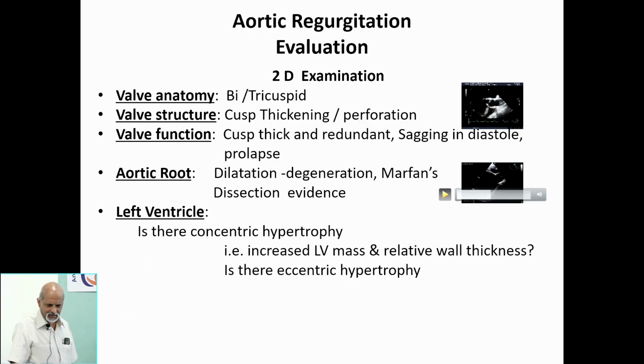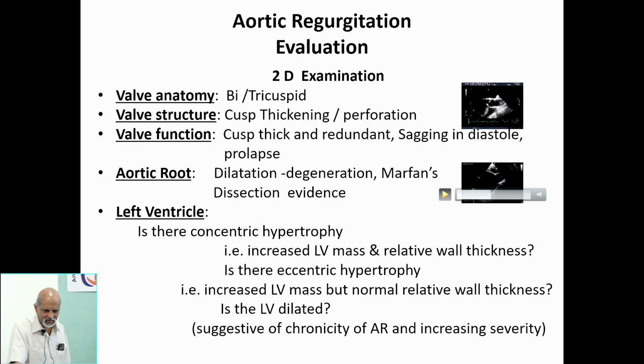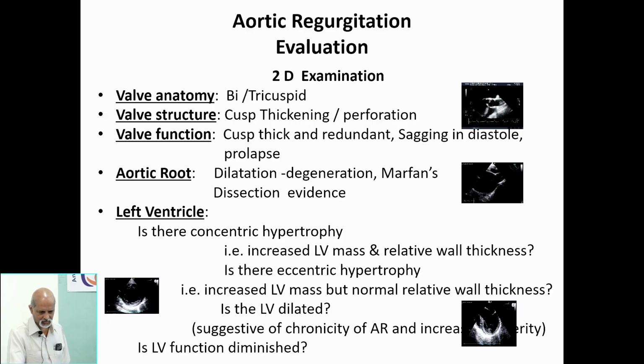And then the left ventricle: is there concentric hypertrophy, increased LV mass, relative wall thickness higher, more or less? Normally it will be eccentric hypertrophy, with increased LV mass but normal relative wall thickness. Is the LV dilated? That suggests the chronicity of AR and increasing severity. And is the LV function diminished or not, maybe because of various reasons.